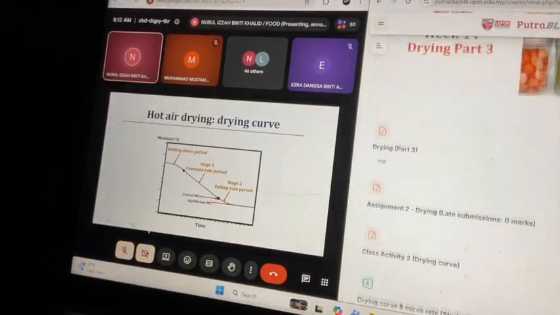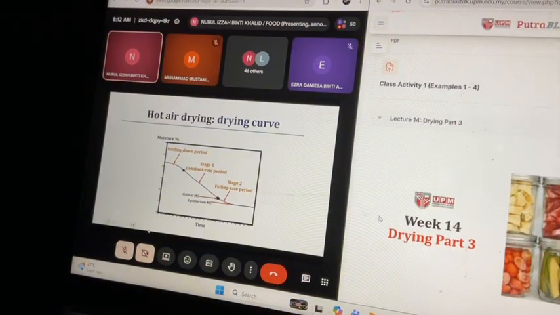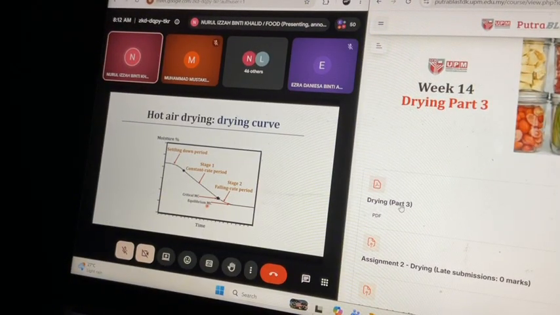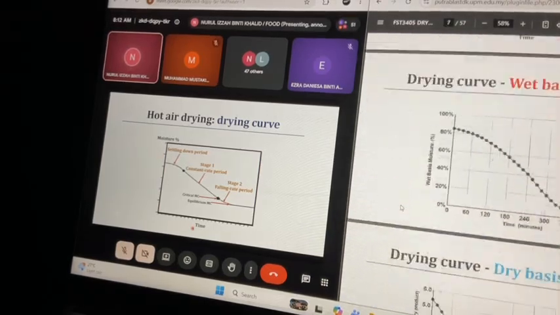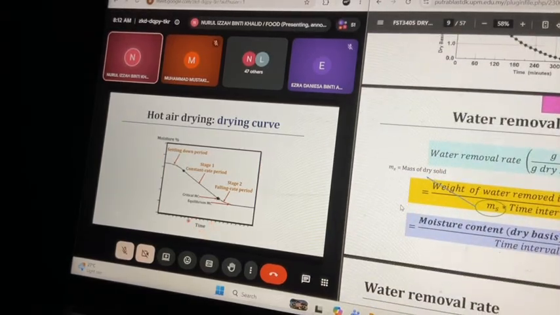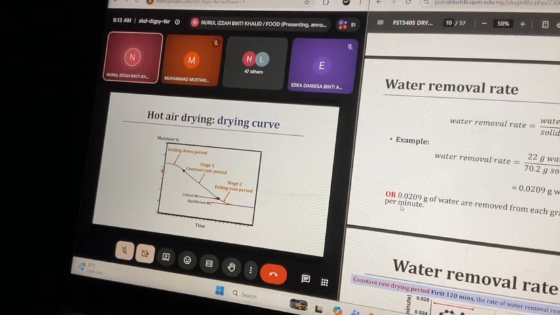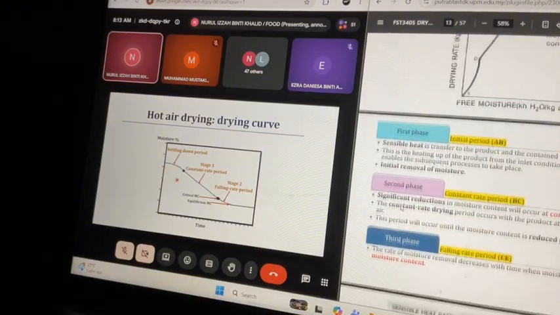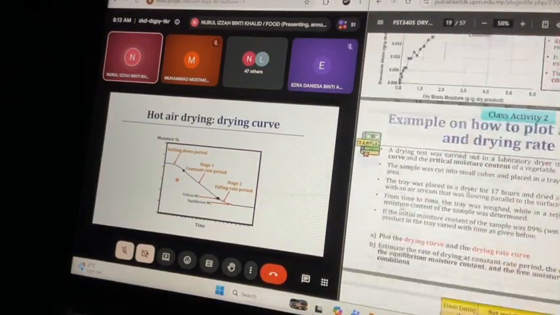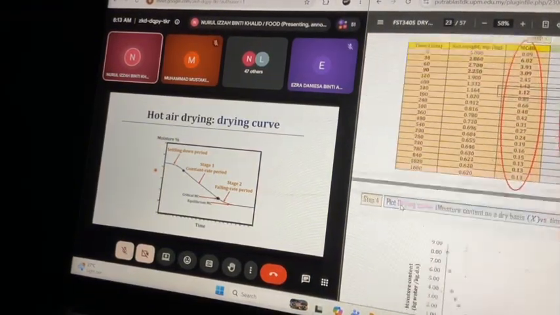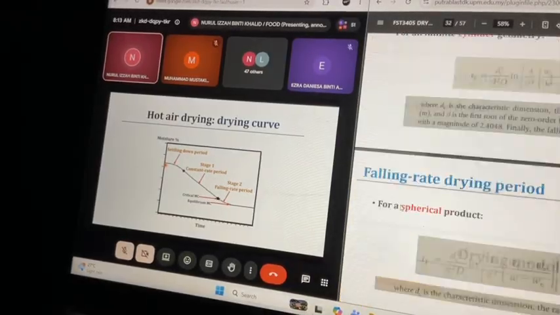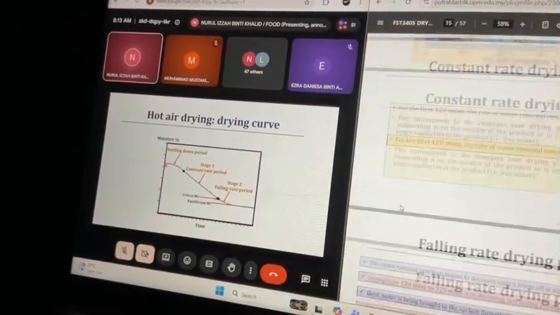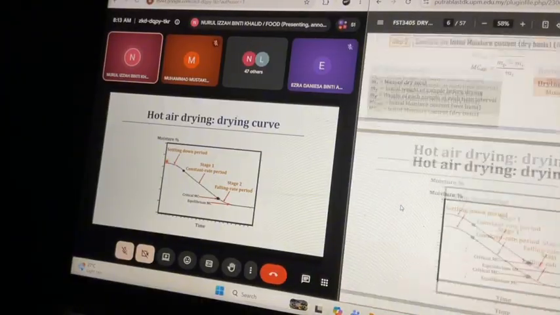So this is the graph of the drying curve. You can see the percentage of moisture on the y-axis and time on the x-axis. This shows you what happened to the moisture when we do the drying process. In the beginning of the drying, we call it the initial stage, or the settling down period.